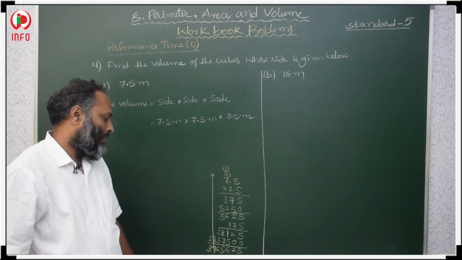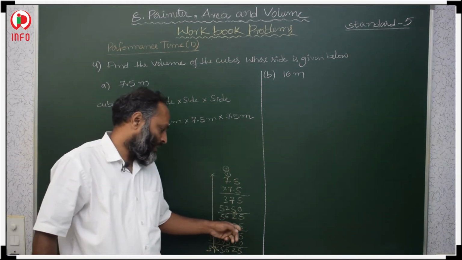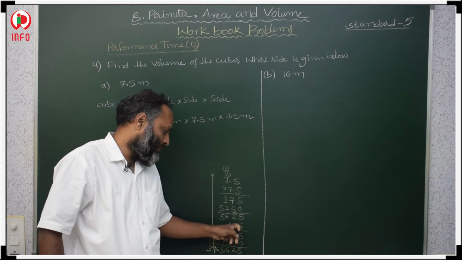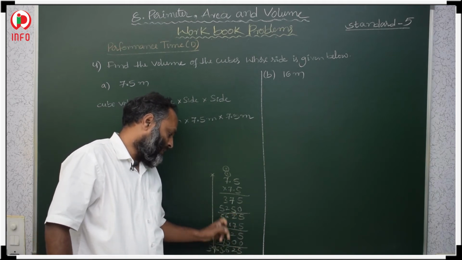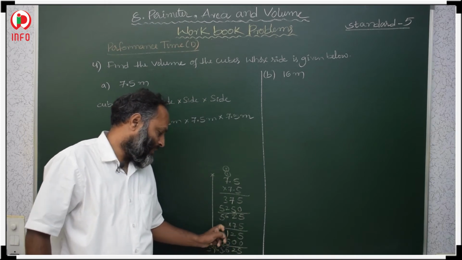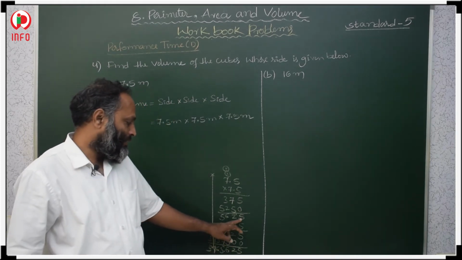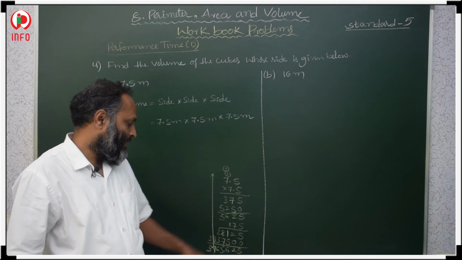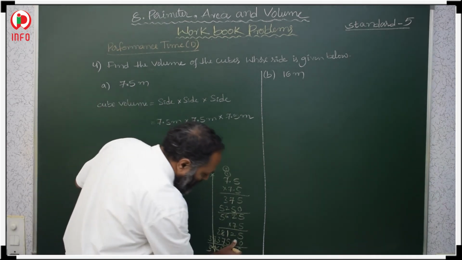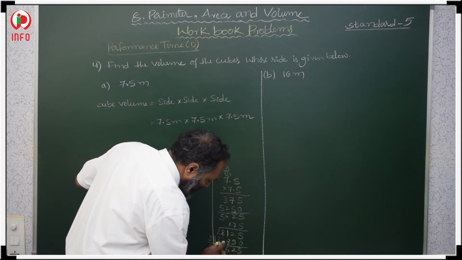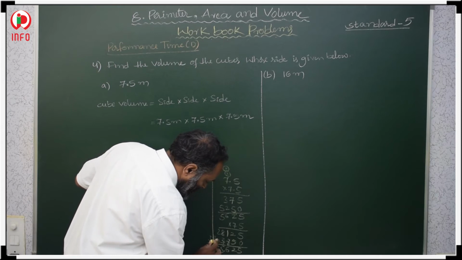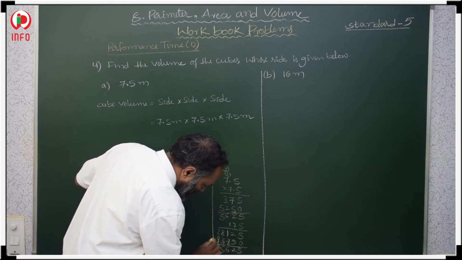3965.625. So once again you check here. 5 5s are 25, 2. 5 2s are 10, 11, 12. 5 6s are 30, 31, 3. Right, 25, 26, 27, 28. 7 5s are 35, 7 5s are after 1 digit 35, then 7, then 3, then 2, then 9, again with 3.